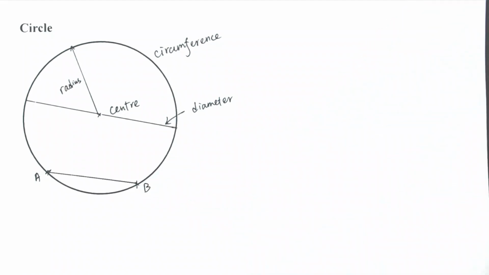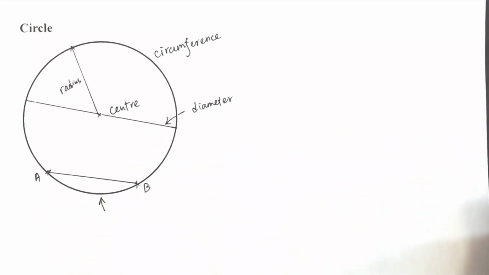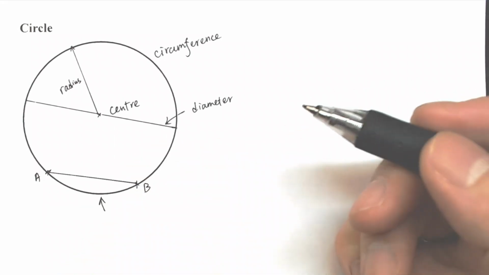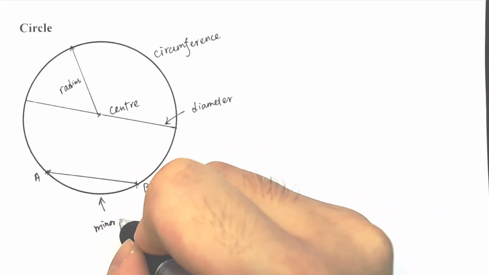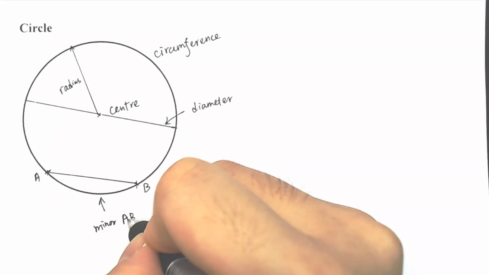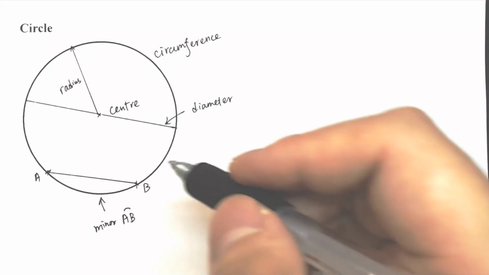So to distinguish these two kinds of arc, we call the shorter one, that is less than half of the circumference, the minor arc AB. And we add this symbol to specify it is an arc instead of a chord.